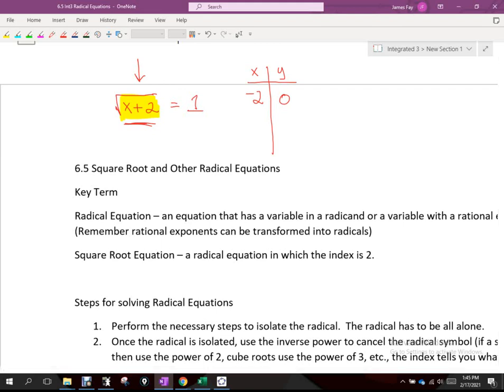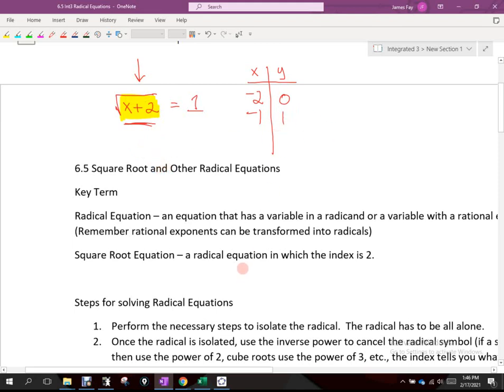Now let's think about another number, like -1. If I plug -1 in for x, what do you get underneath the radical? You get 1, and one number multiplied by itself twice gives me 1.